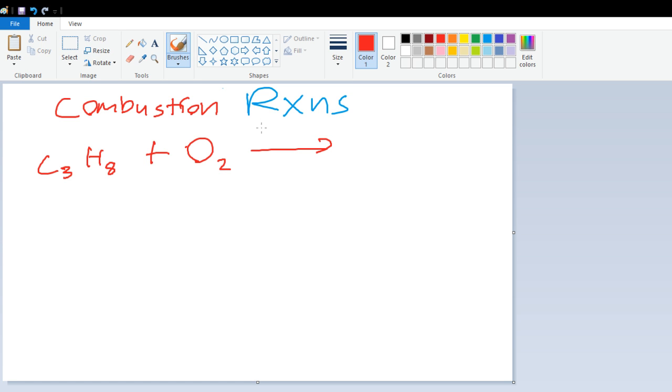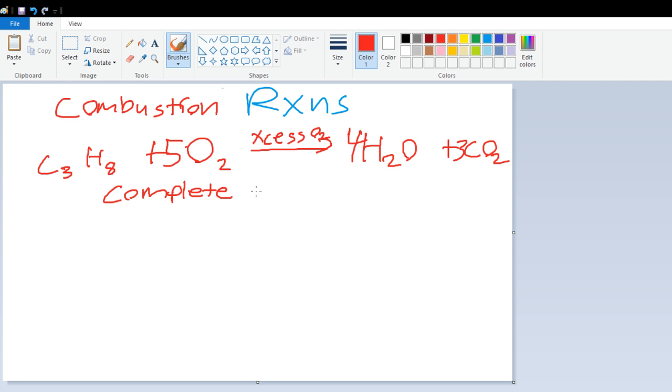So when you write down that arrow, you're going to put above excess O2, and then you'll have products of water and carbon dioxide, and you'll balance it by balancing first the carbons, next the hydrogens, and finally the oxygens. There's 4 oxygens, there's 6 oxygens, so there's 10 oxygens in total. Okay? And this will be a complete combustion reaction.